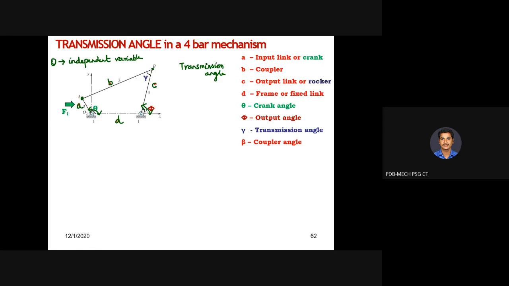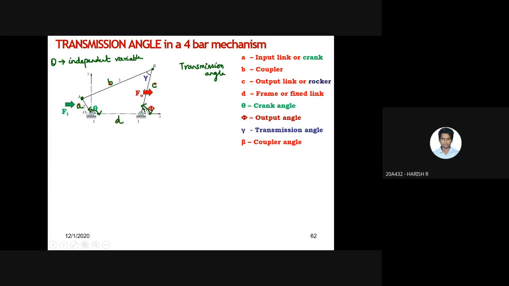So at point A, if I apply some torque or force or angular velocity through some prime mover, this point A is going to rotate clockwise, because I am applying it along this direction. So what will happen to my output link?